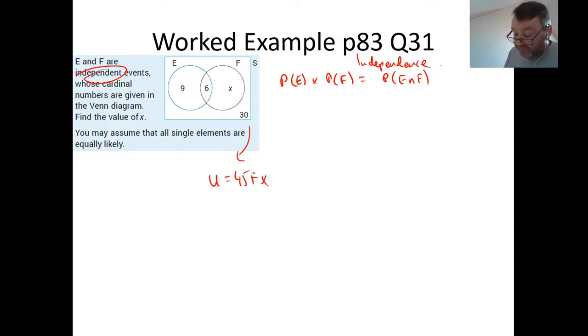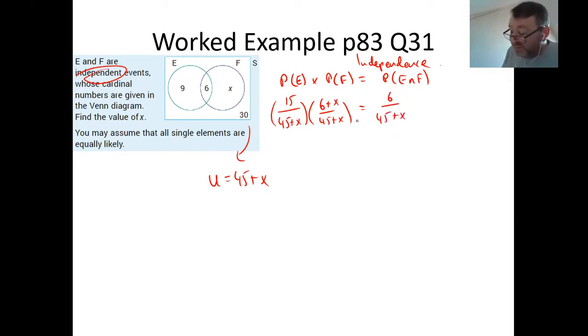That's going to be the denominator in all of our fractions. The probability of E, therefore, is 15 out of 45 plus x. That's multiplied by the probability of F, which is 6 plus x over 45 plus x, good. And that's equal to the intersection, which is 6 over 45 plus x.